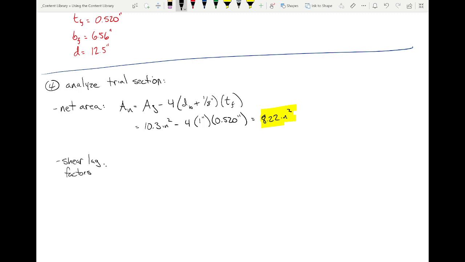Shear lag factors. Which cases are going to apply for this member? 2 and 7.